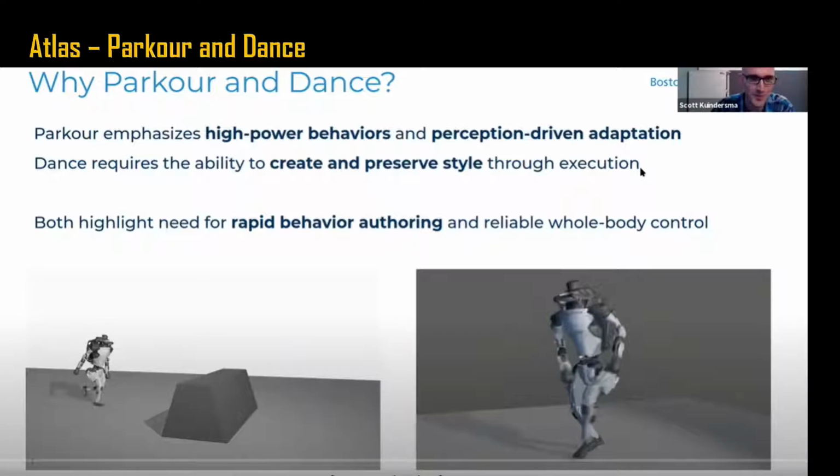The reason is that both of these operations require rapid behavior authoring, which means that the behaviors need to be generated very quickly, and in a way this tests the boundaries in research, and it requires whole body control of the robot. So mainly because of the complexity of the problems involved, parkour and dance are targeted.